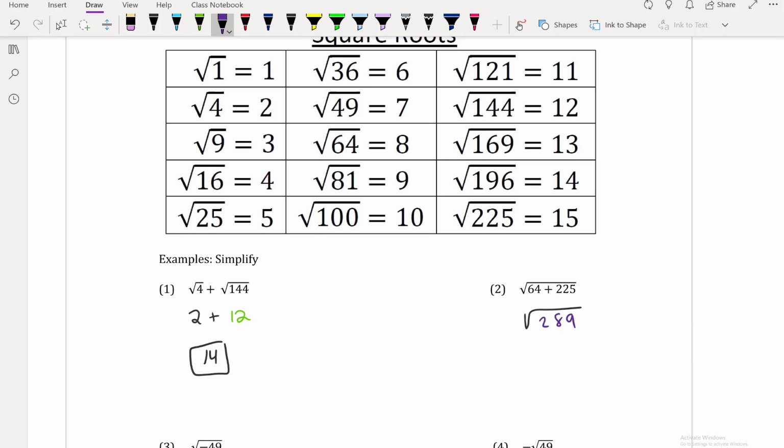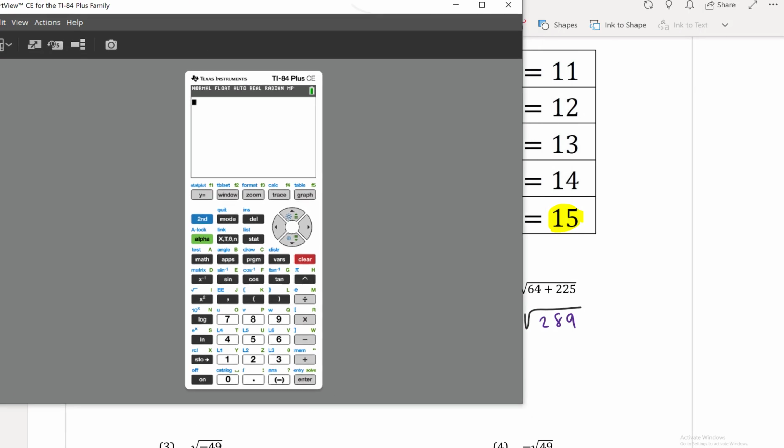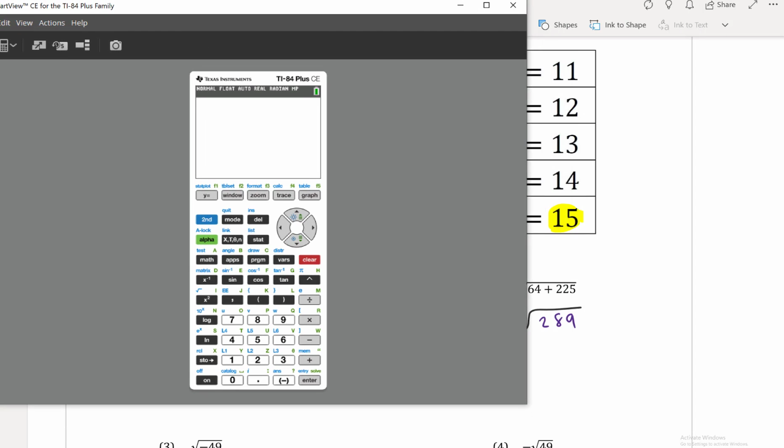Now I want to figure out the square root of 289. Notice that 15 is the square root of 225, so it needs to be bigger than that. If I get my calculator, you can always use your calculator in this class. Remember, you want the square root of 289.